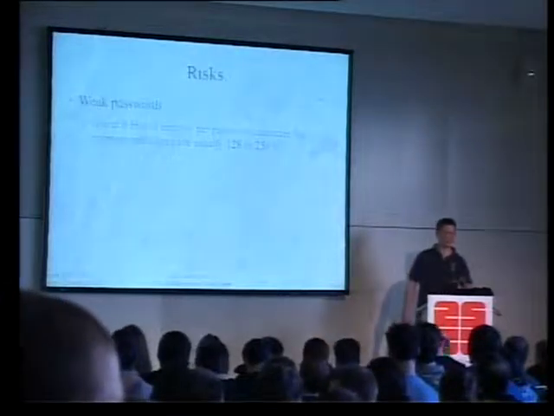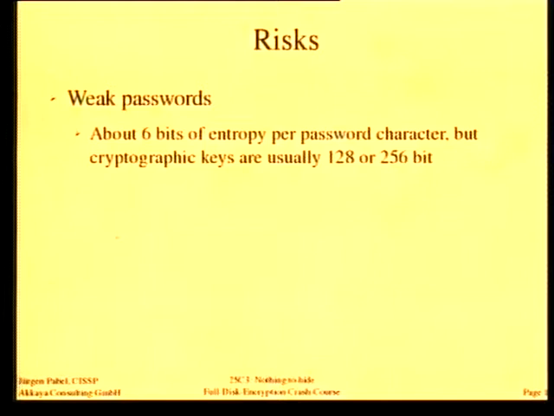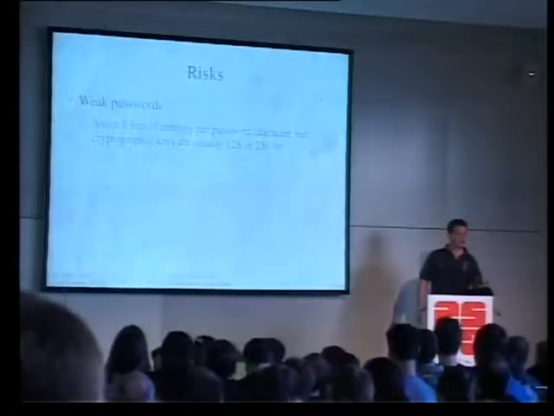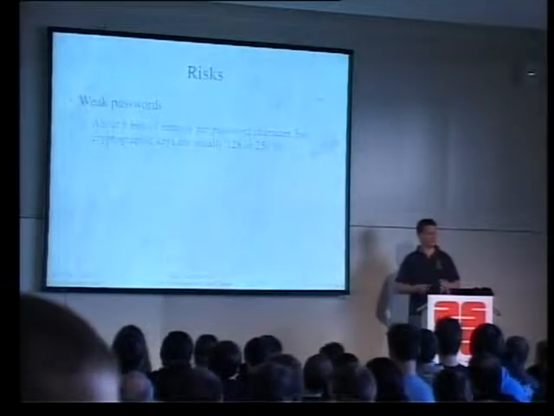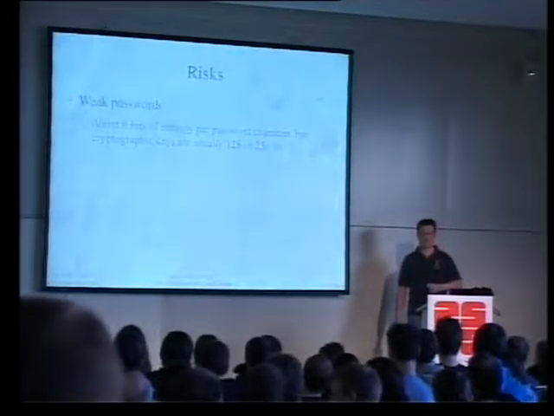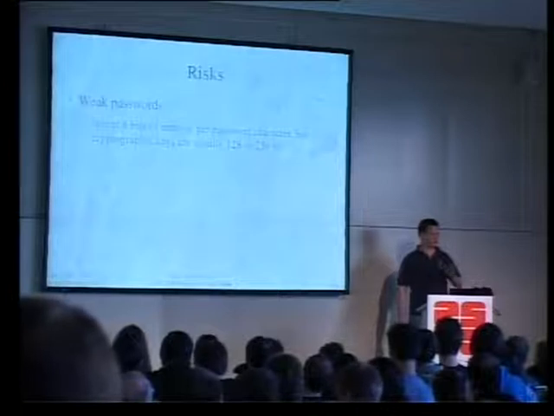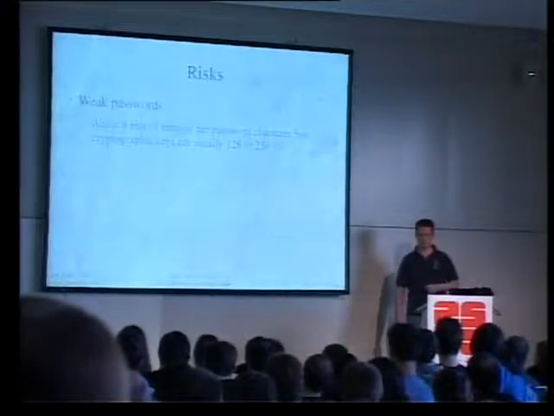I know this crowd is a little different than other crowds, but usually people think, okay, 8-character passwords are pretty safe, and it's established that this is the minimum for corporate environments. But if you look at encryption, a password character only gives you about 6 bits of entropy, randomness. And this is really if you use uppercase, lowercase, digits, and some special characters.